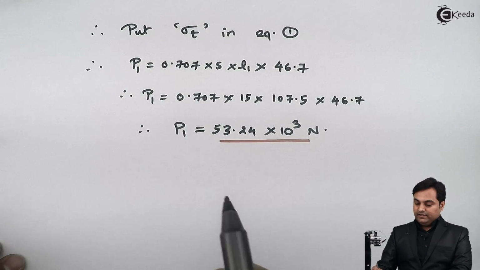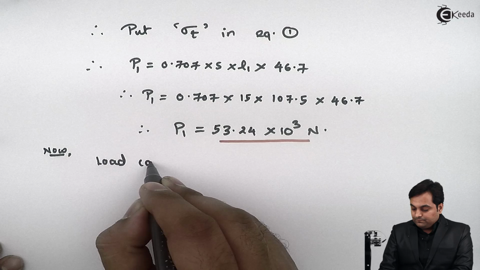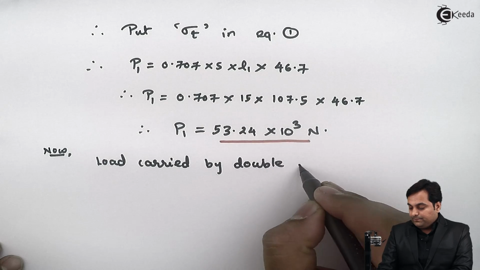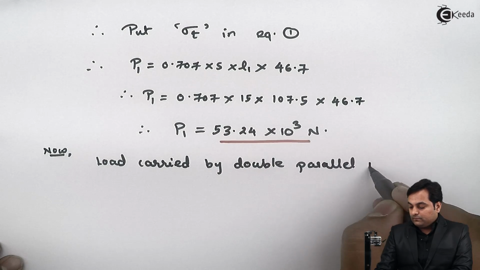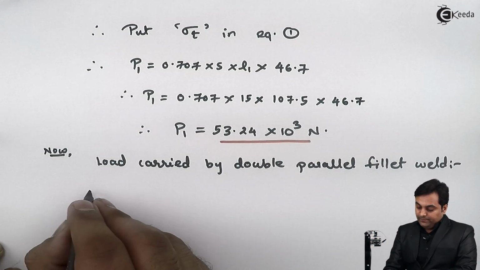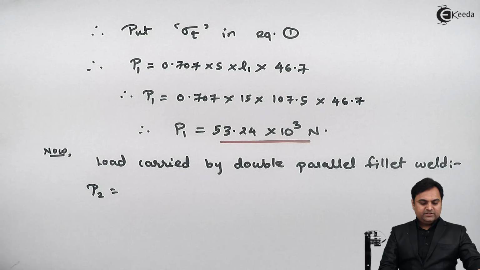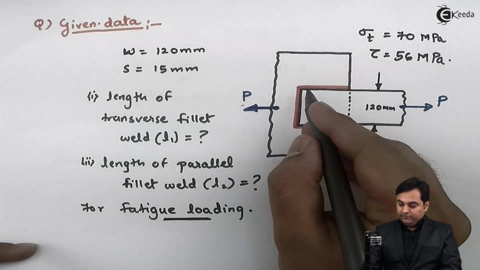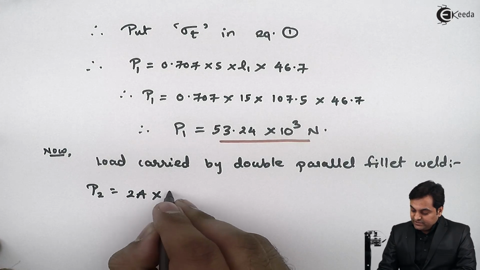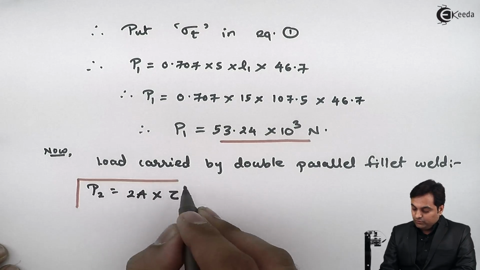Now after getting P1, the load carried by double parallel fillet weld will be P2 is equal to area times stress. Since in case of double parallel fillet weld we have two areas, it would be 2 into A multiplied by stress tau, because area multiplied by stress gives us the load.